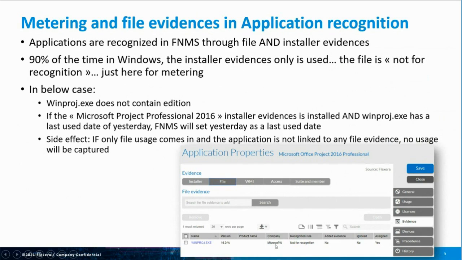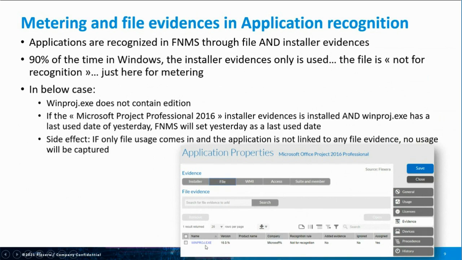And this is just because if we get on one side raw usage from winproj.exe 16.2.3.5, and on the other side, on a given computer, we get the computer ID, and we have recognized Office Project Professional from the add remove program, which contains the edition, while the file doesn't contain the edition.